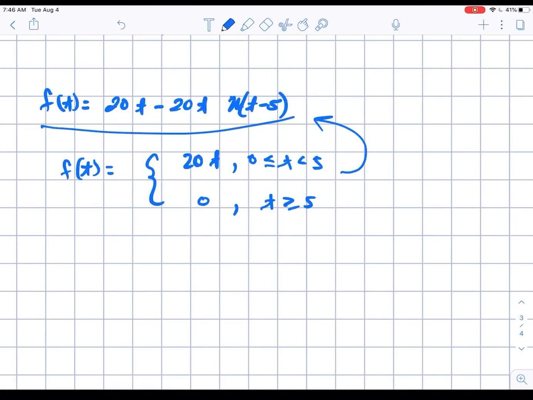But if we're just focused on this, when you're graphing that, I know my starting point is going to be that 20t. So at 0, you're still starting at 0.